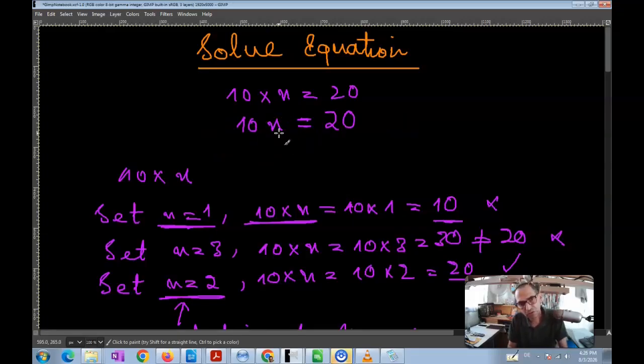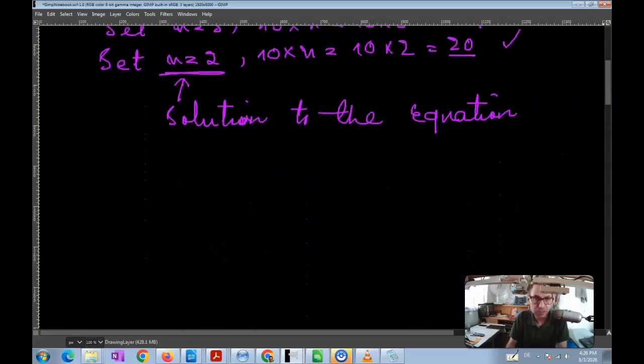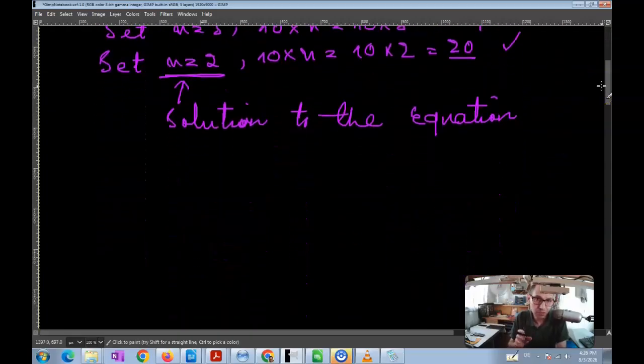But some equations are not very straightforward. If the equation gets a little bit complicated and you want to choose trial and error, then you will have to set the value of x to many different values, and it might take a whole lot of time to come up with the actual solution to the equation.